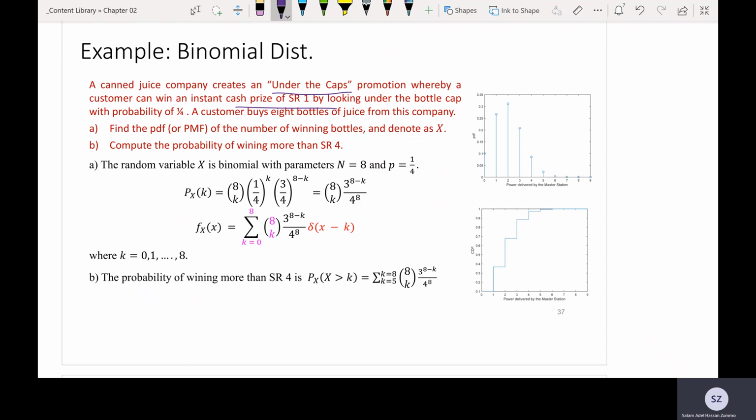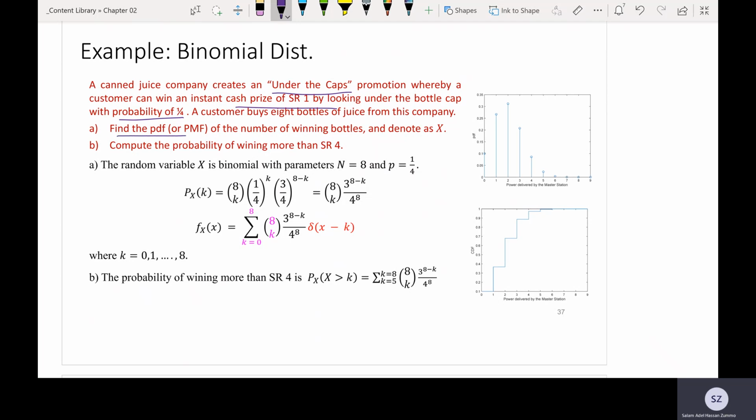And the probability of having this is 1 over 4. How do we know this probability? The juice company knows that a quarter of the cans have it. So basically this is by design.